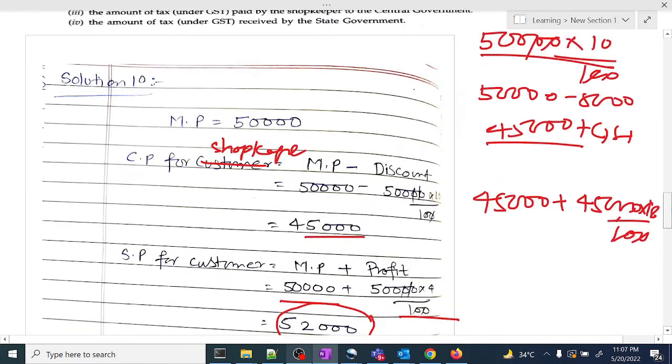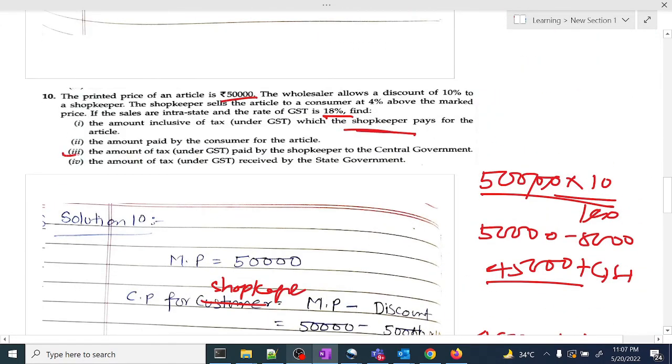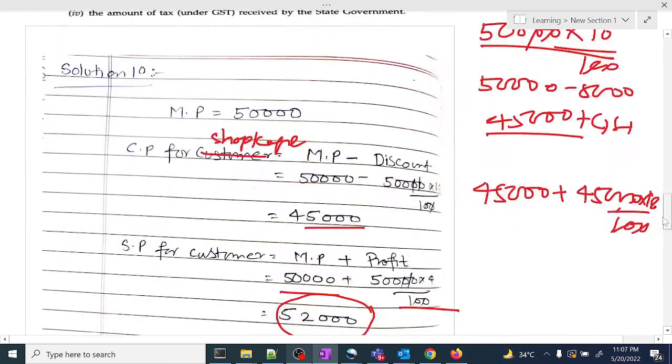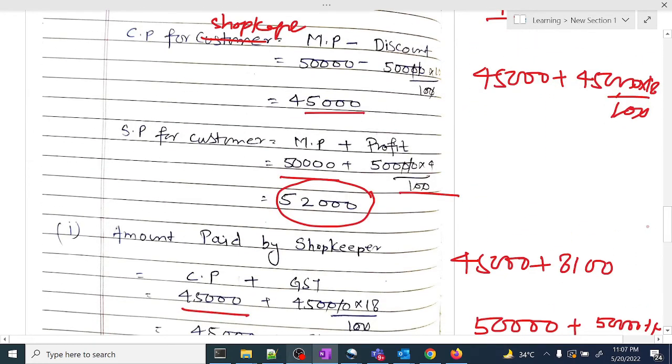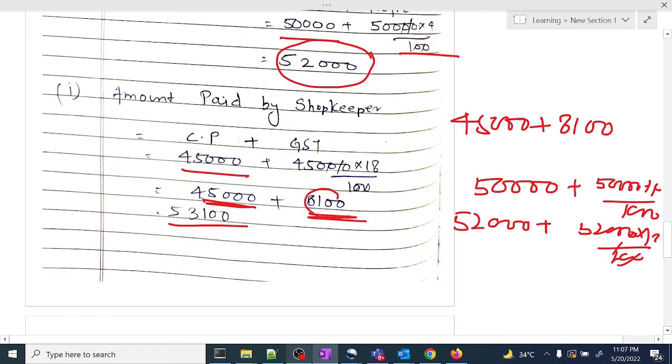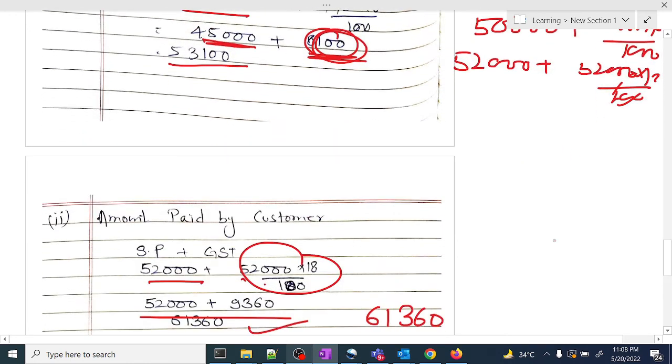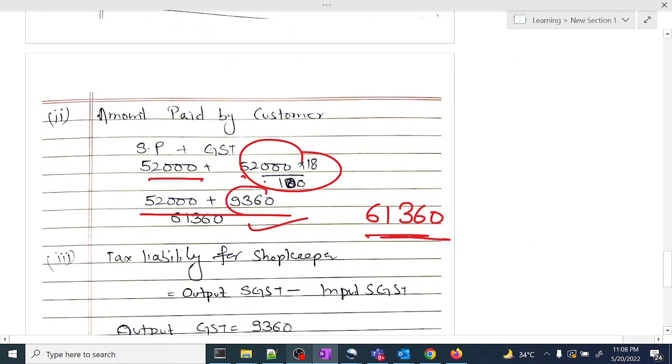Now we'll come to the third point. The amount of tax paid by the shopkeeper to the central government. So how much tax is the shopkeeper paying? 8,100, right? This is the tax the shopkeeper is paying to the wholesaler. This is the GST the shopkeeper is getting from the consumer. So the tax liability should be CGST.